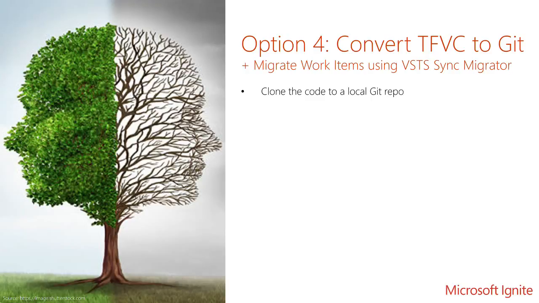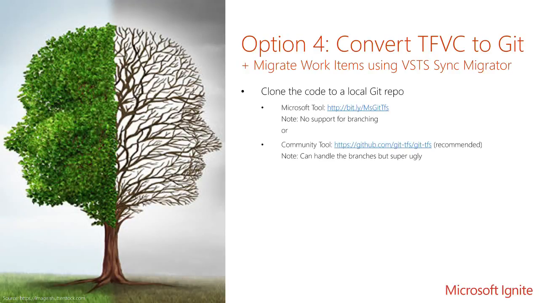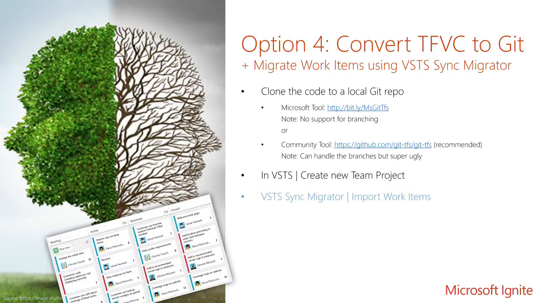You clone your code. You have your Microsoft tool or your community tool. You create your team project. Then the work items are done, not with Excel, but use his thing that you downloaded. It's a VSTS Sync Migrator, and you import the work items. So you grab the tool, you configure this JSON file.